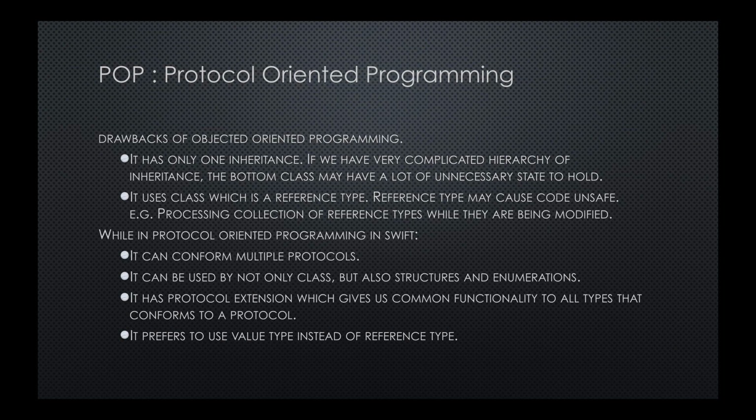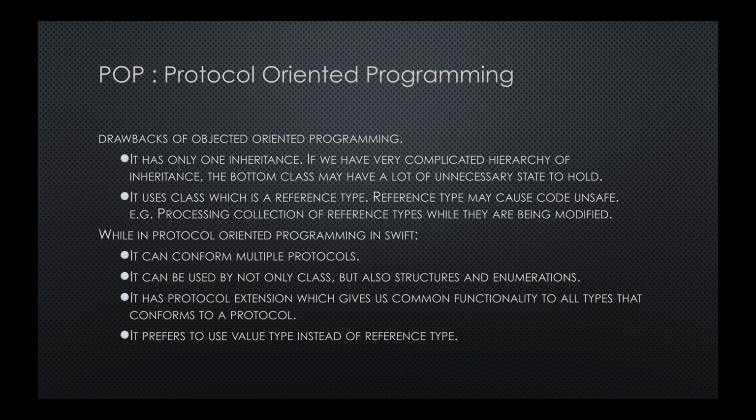So let's say class A extends class B, which extends class C, which extends class D. Due to the hierarchy, the lowest class ends up having a lot of data which it doesn't even require. So that is the problem.